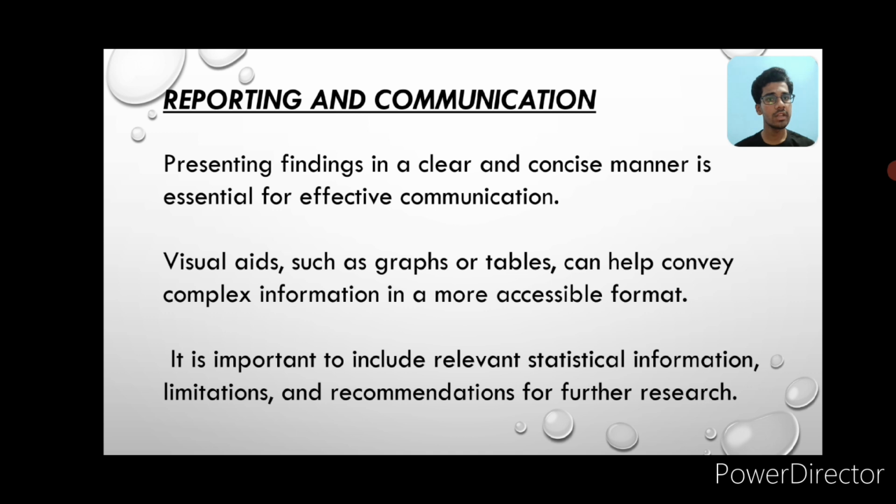It is important to include relevant statistical information, limitations, and recommendations for further research when comparing and getting the output from the large samples.